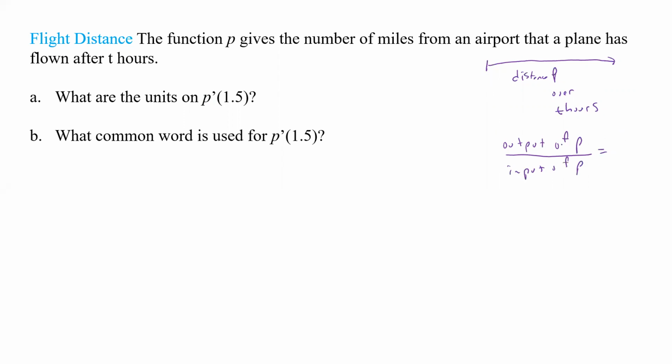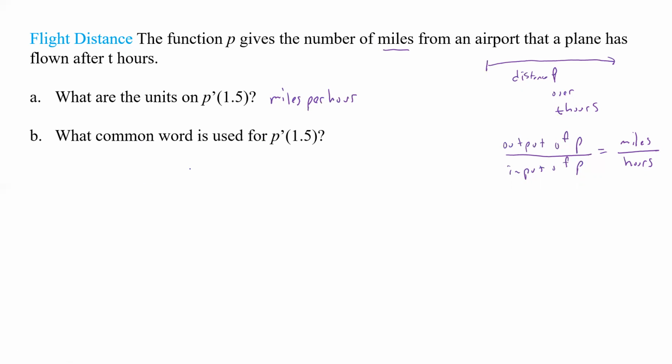And so if we think about that output of p, distance, well, distance is in miles, so it's going to be miles per, and the input is t hours, so that's hours. So basically, what are the units? It's miles per hour, because after we divide, it's just going to have 1 hour in the denominator, and then we'll have whatever fraction of miles in the numerator.